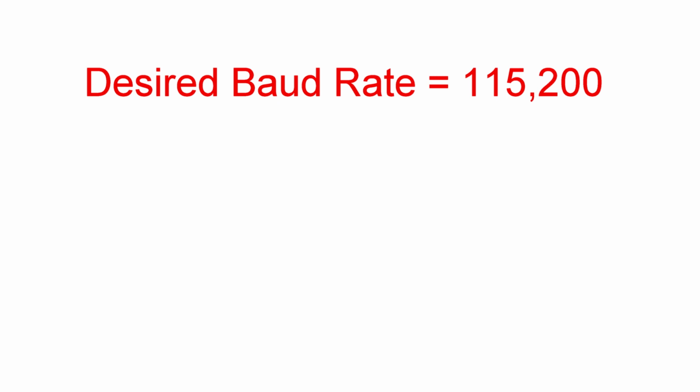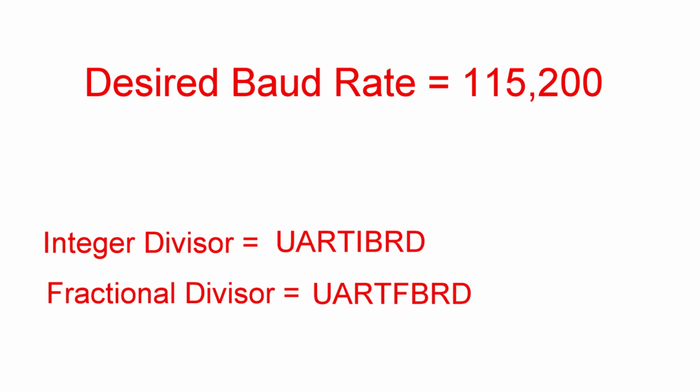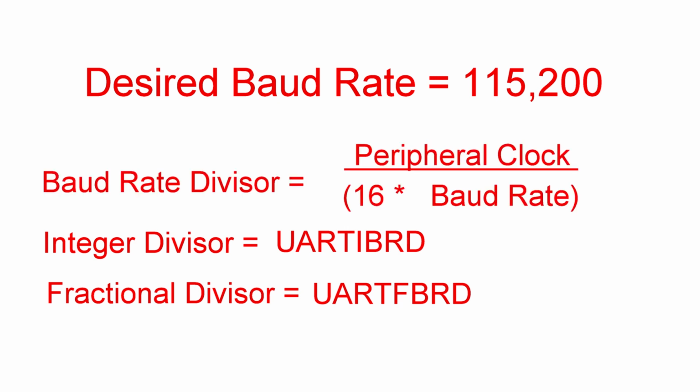The UART speed is set by writing integer and fractional divisors into the UART IBRD and UART FBRD registers respectively. The values are calculated by dividing the peripheral clock frequency by 16 times the desired baud rate.